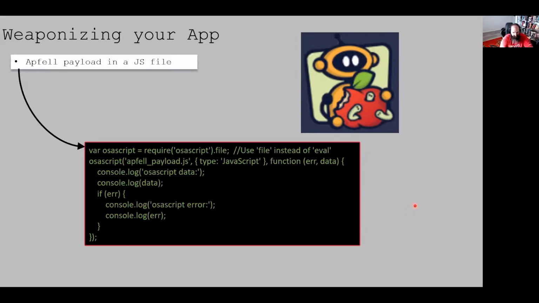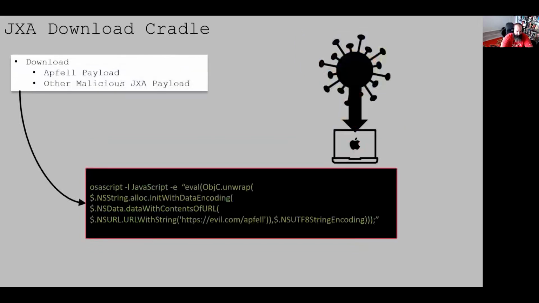The other thing that we could do, though, is we could go back and use the eval function, and we could actually have our app call a JXA download cradle, and you can download and execute the hosted app file payload or some other JXA file with a one-liner.